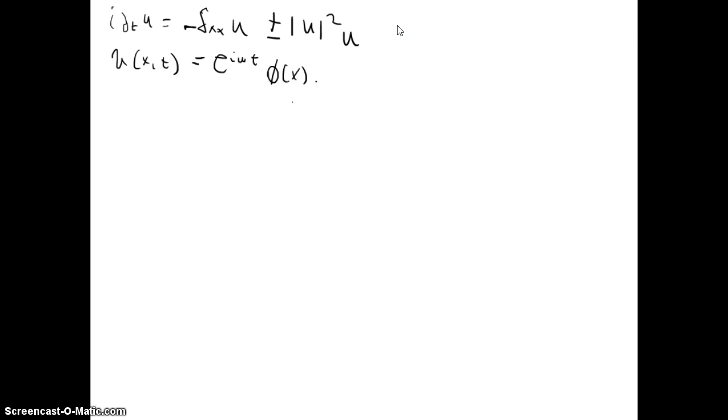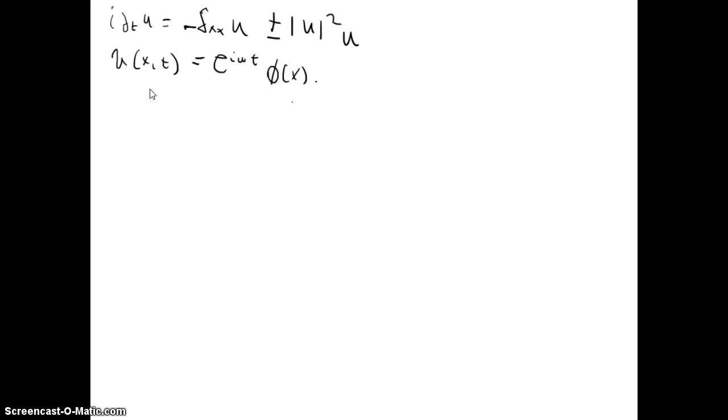Okay, so we have the nonlinear Schrödinger equation, the cubic, in one dimension, and we want to find solutions of this kind, e^{iωt} φ(x).